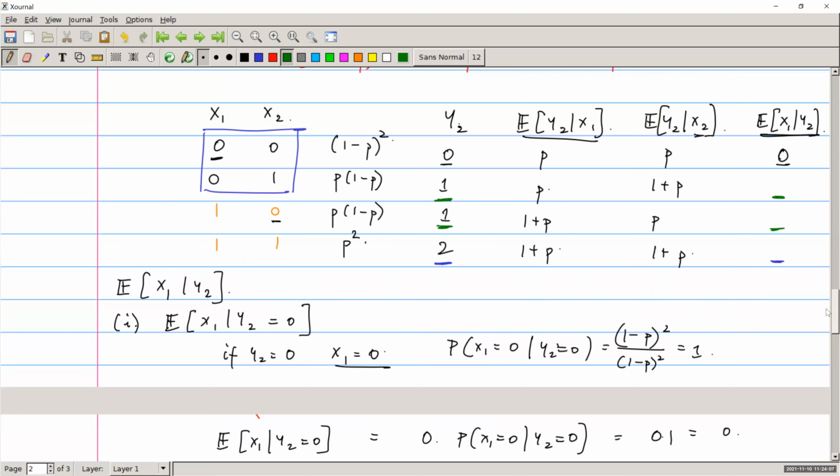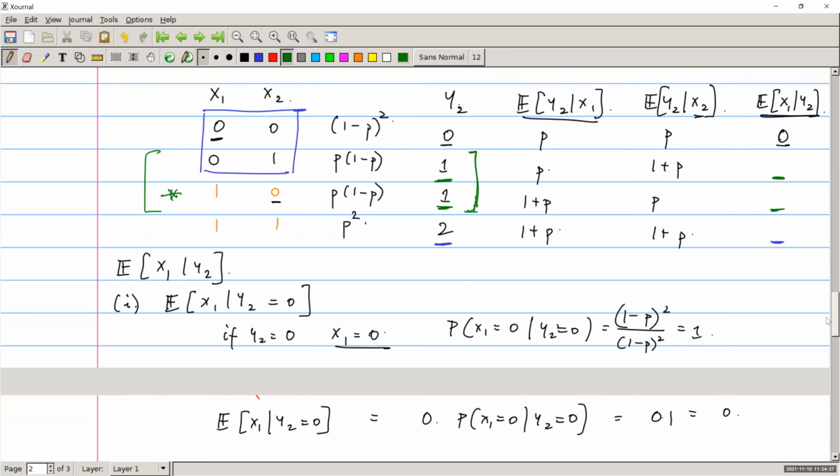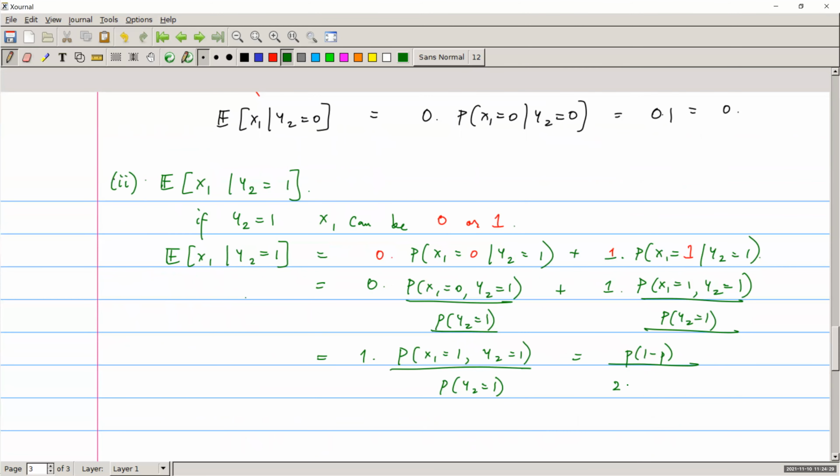So this is the event that x1 equals 1 and y2 equals 1. The event y2 equals 1 is these two rows. So the probability y2 equals 1 is 2 times p times 1 minus p. It's also the binomial probability, 2 choose 1 times p times 1 minus p.